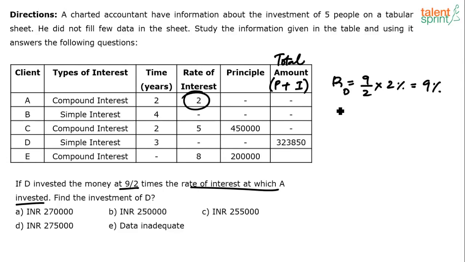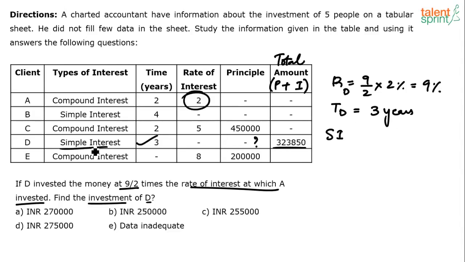The time period for D is 3 years, as given here, right? The principal for D is not given, but what is given? Total amount. He's asking us to find the investment of D. Now total amount is given, 3,23,850. If the rate is 9% and the time period is 3 years, what will be the simple interest?